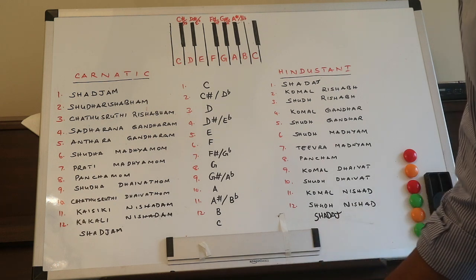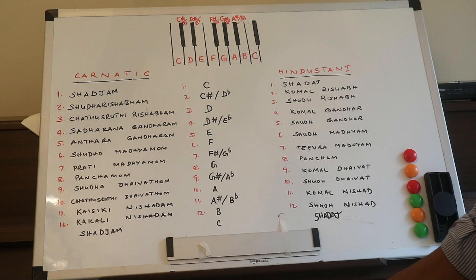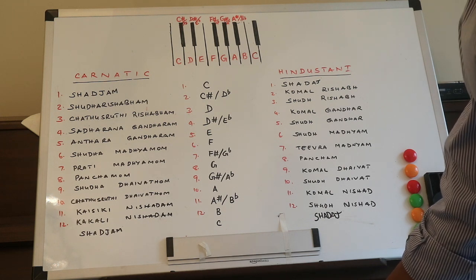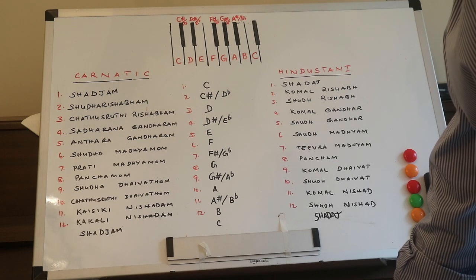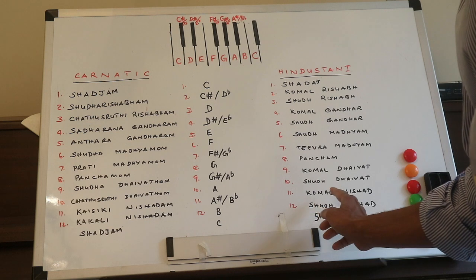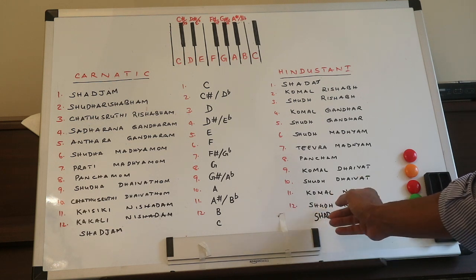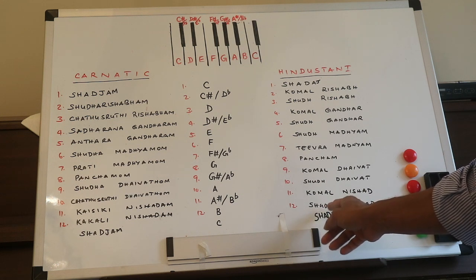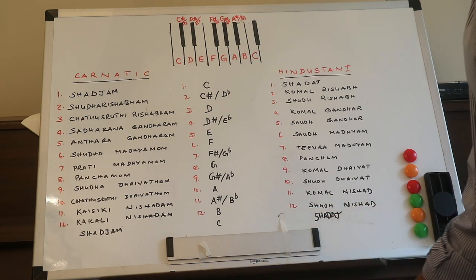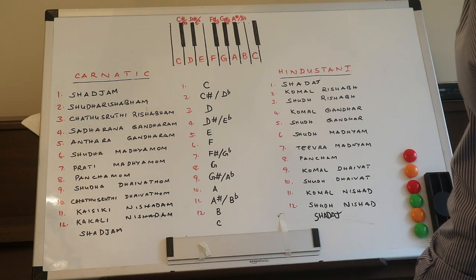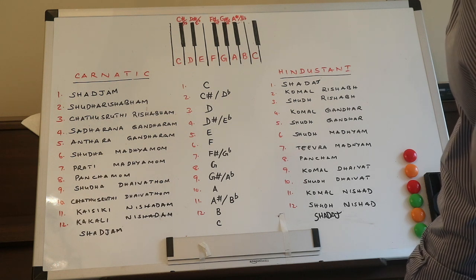So the smaller Nishadam in Carnatic is called Kaishiki Nishadam, and the higher Ni is called Kakali Nishadam, and in Hindustani the smaller Ni is called Komal Nishad, and the higher Ni is called Shuddha Nishad, before we finally come to the higher Sa.